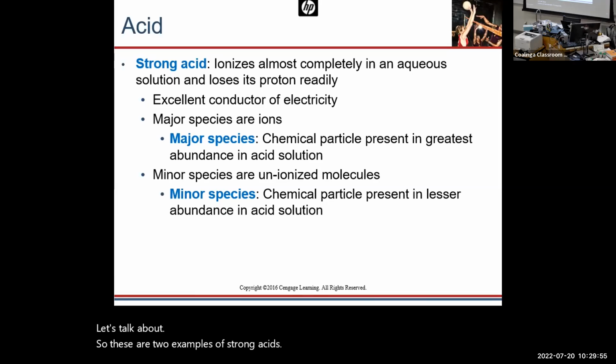If it's a weak acid, like HF, what would that acid be called? Hydrogen chloride?